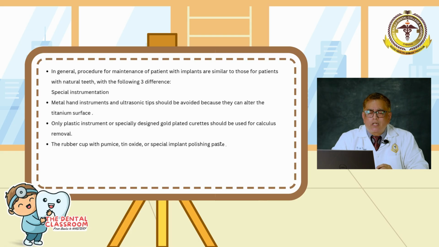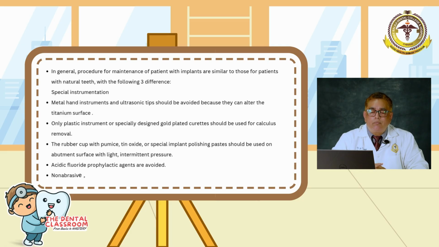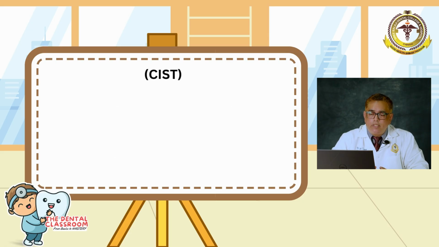A rubber cup with pumice and tin oxide or special implant polishing paste should be used on abutment surfaces with light and intermittent pressure. Acid fluoride prophylactic agents should always be avoided and non-abrasive prophy paste is used.